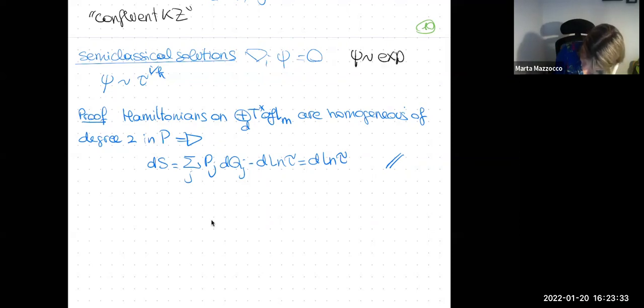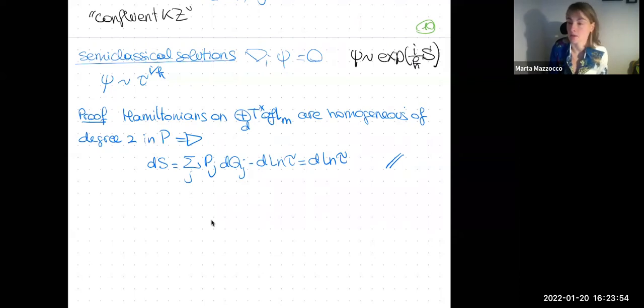They are objects that go like exponential of i over h bar of the action function. And the statement in Reshetikhin's paper, at least for the simple pole, he wrote something along the line that these semi-classical solutions are in fact tau functions of the isomonodromic deformations.